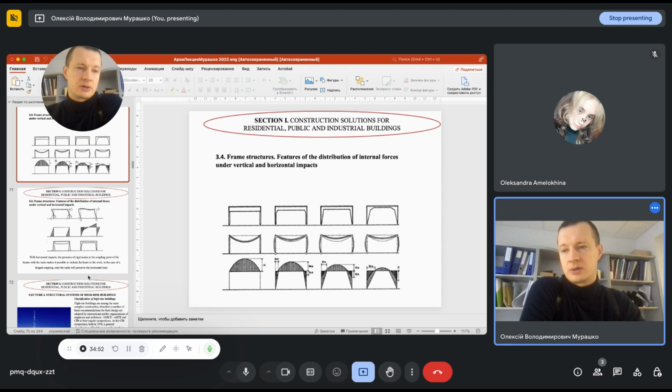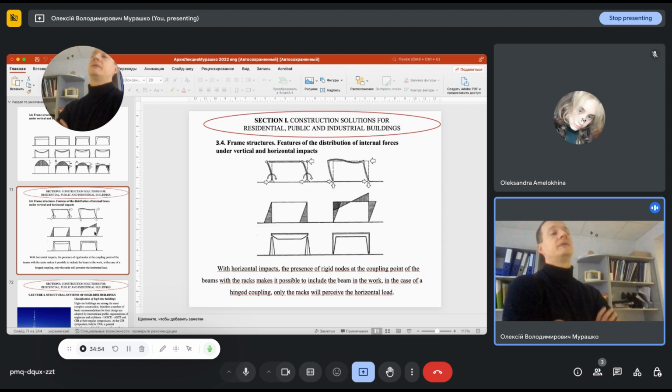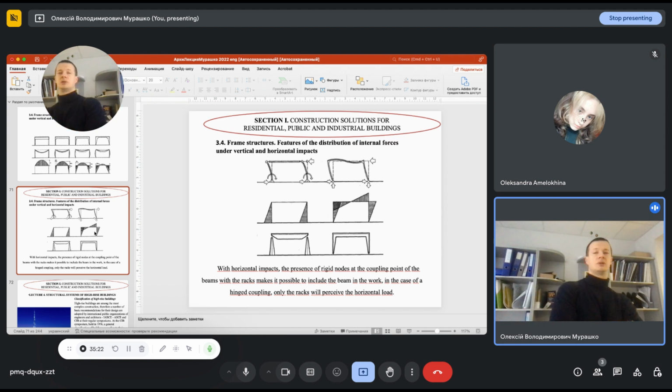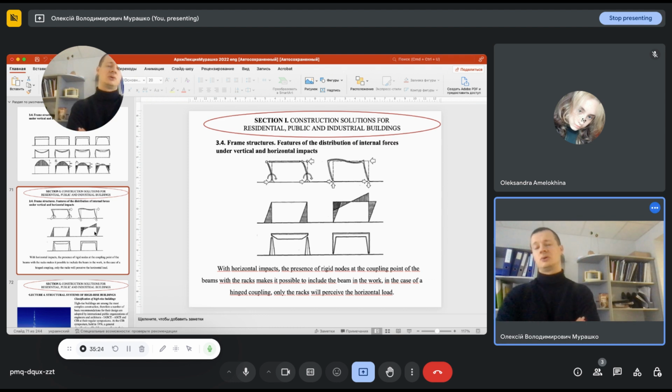The next important difference that we have to take into consideration is the behavior of the frame structure under lateral loads, such as wind or seismic impact. This is very important to understand when we are designing our building to withstand horizontal impacts. We have to understand which type of connection between beams and columns we have to design.